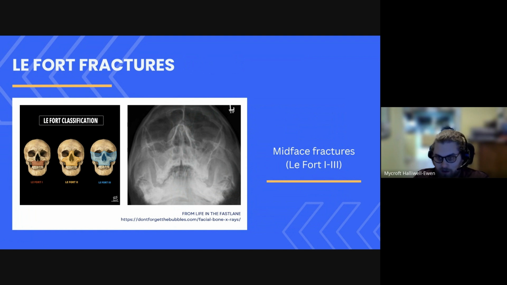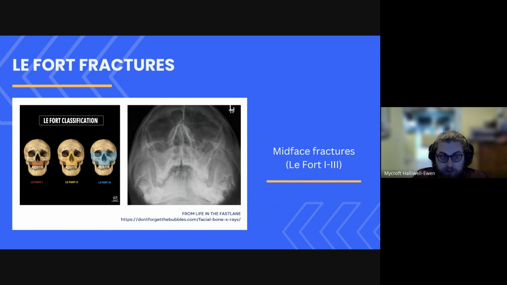a triplet of eponymous fractures, and the way it works is that all the different holes in the bone and the weaknesses, the way the weaknesses work with the bones of the midface, is that severe facial fractures, particularly of the midface, follow this pattern.